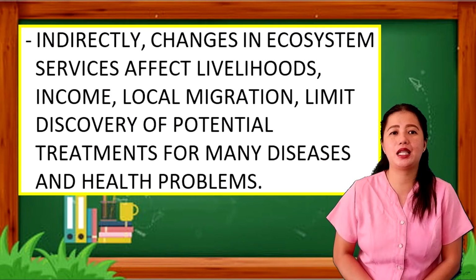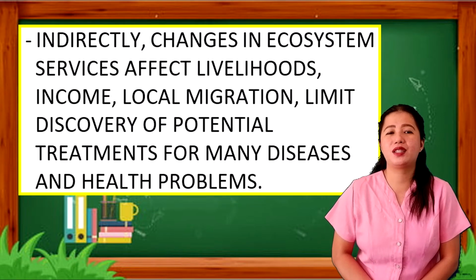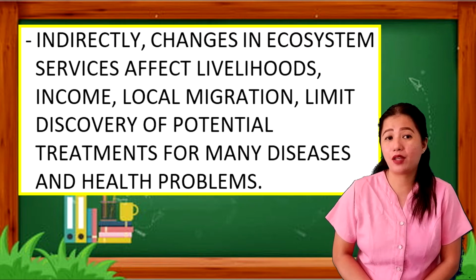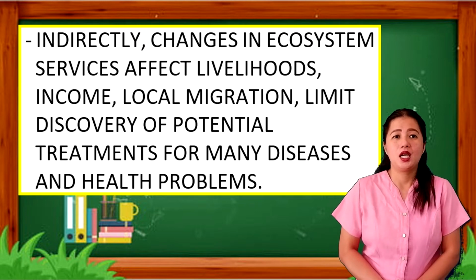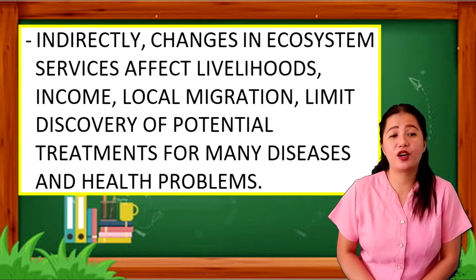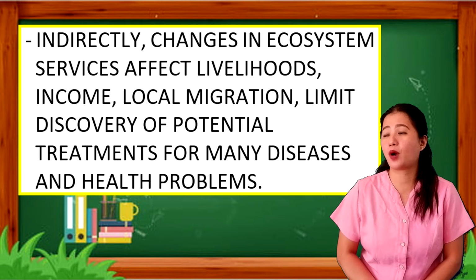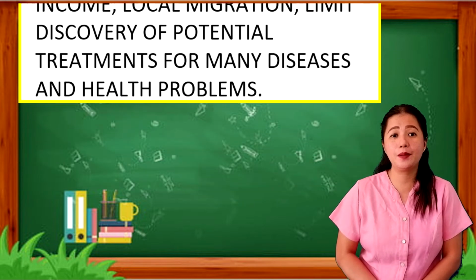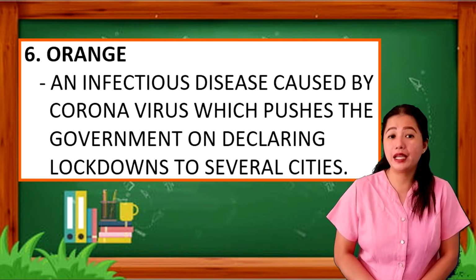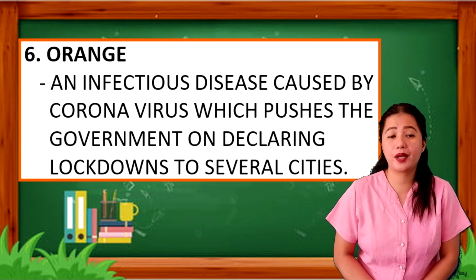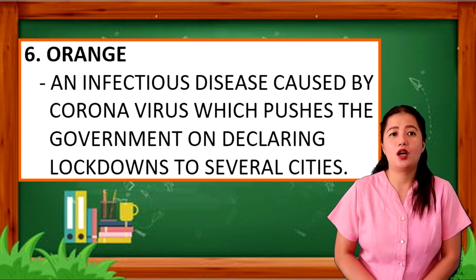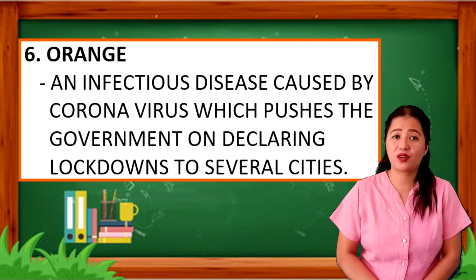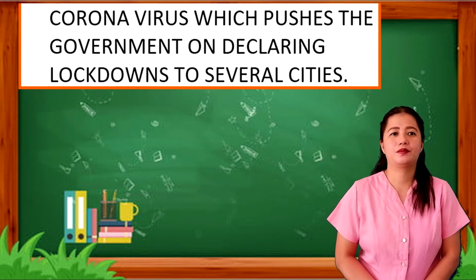Indirectly, changes in ecosystem services affect livelihoods, income, and local migration, and limit discovery of potential treatments for many diseases and health problems. Number 6. Orange, an infectious disease caused by coronavirus, which pushed the government to declare lockdowns in several cities.